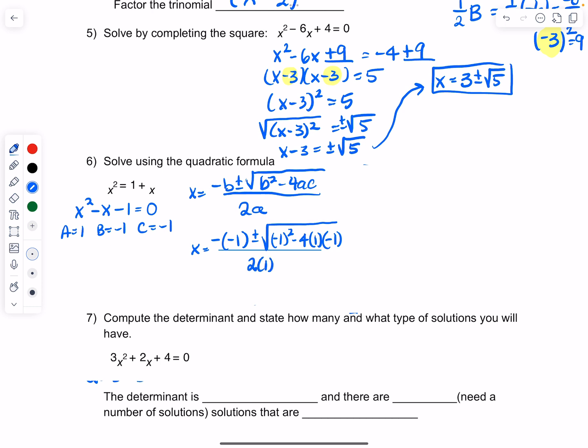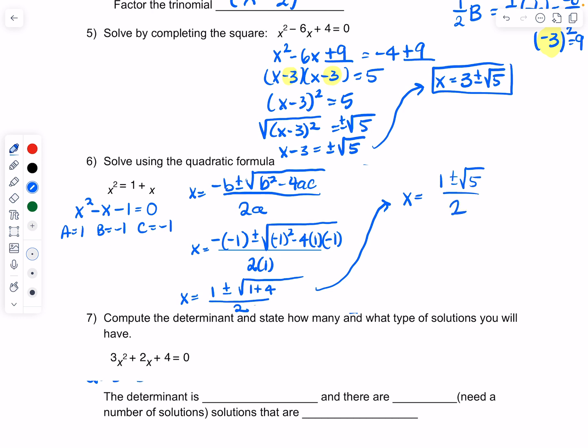Okay, now to simplify. x equals 1 plus or minus the square root of 1. Now 4 times 1 is 4. 4 times -1 is -4, and then I have a negative hanging out, so I get +4, all over 2. Okay, we're getting there. So x equals 1 plus or minus the square root of 5 over 2.